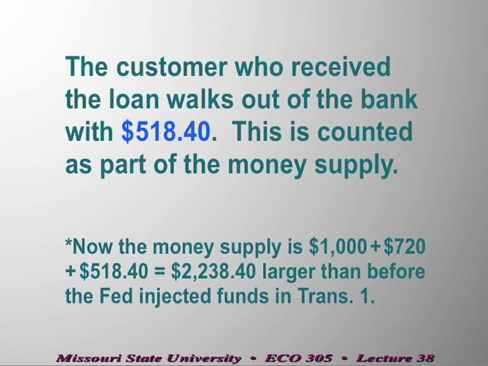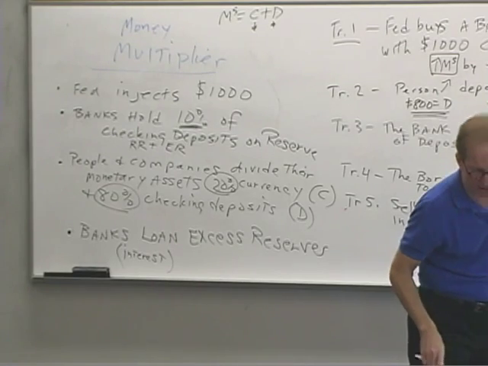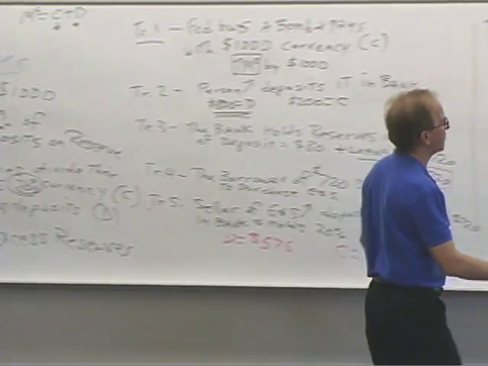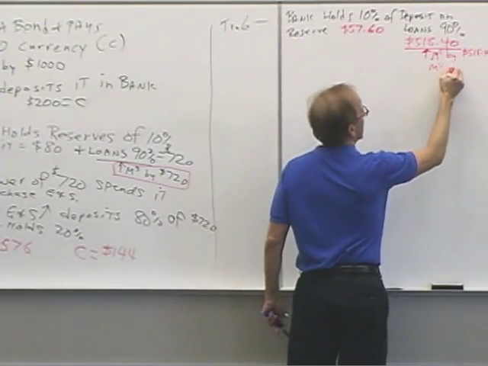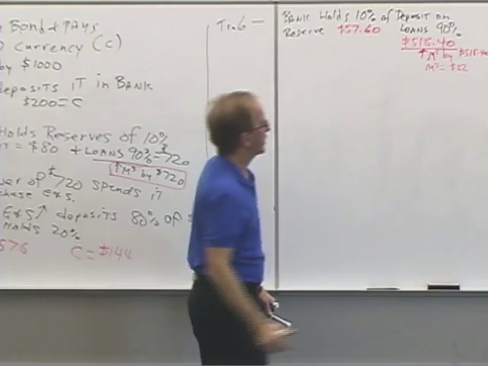How much is the money supply now? A moment ago, it was $1,720. And so now it's $2,238.40.